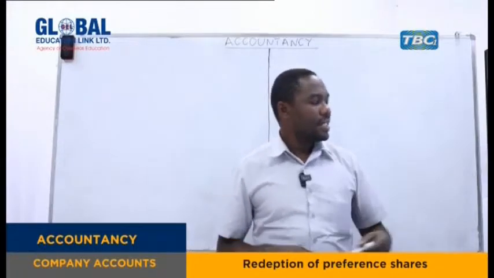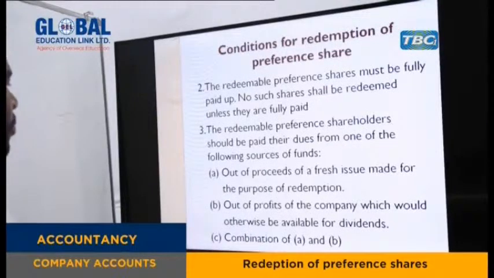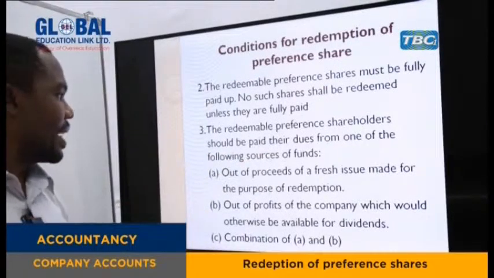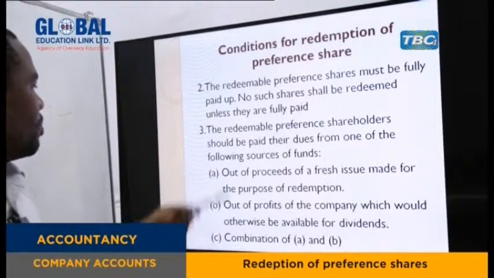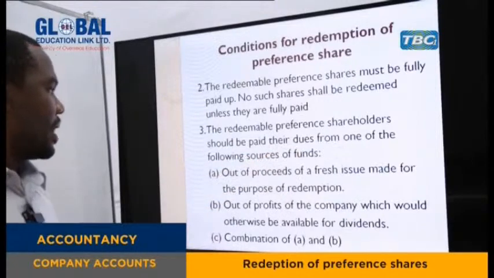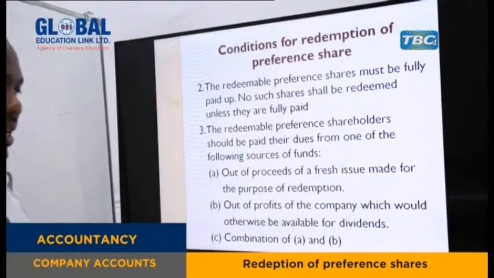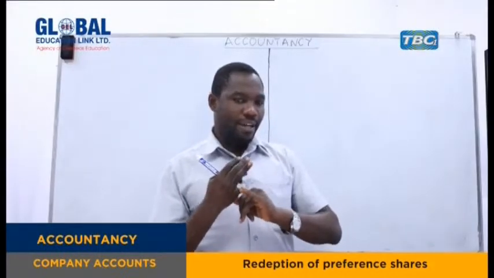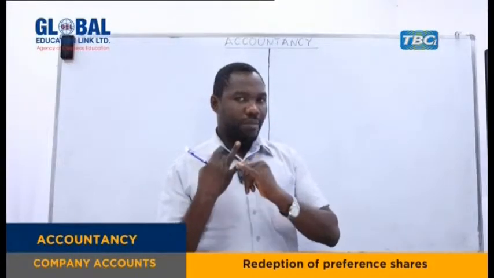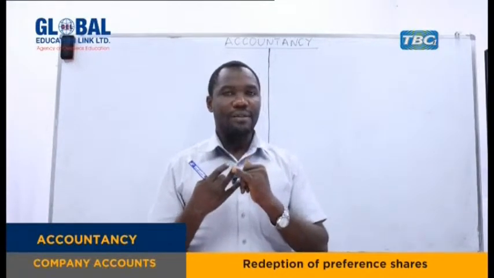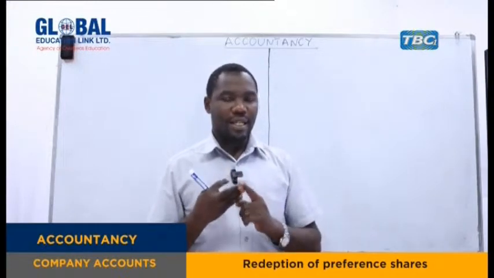So the third condition is that the redeemable preference shareholders should be paid their dues from one of the following sources of funds. So the first condition was that there must be a provision in the articles. Secondly, these shares must be fully paid up. And then the third condition is on the sources of funds.